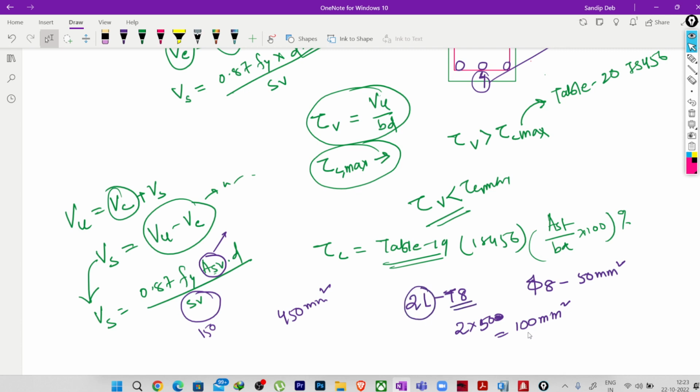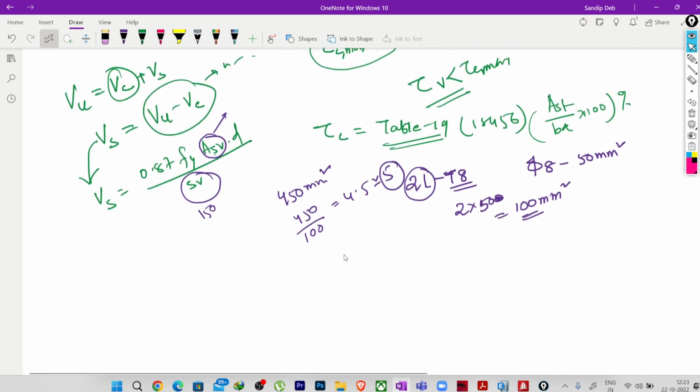So the area of reinforcement is 100. So you divide 450 by 100, how much will you get? 4.5, which is equal to 5. That means you need to provide 5 reinforcements in 1 meter. What will be the spacing? The spacing will be 1 meter divided by 5, so it is 200 mm.